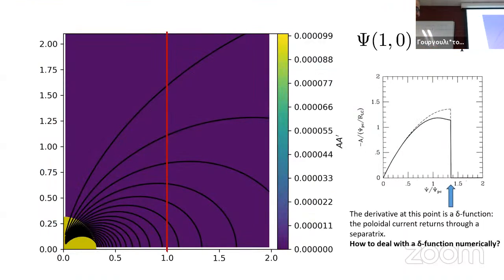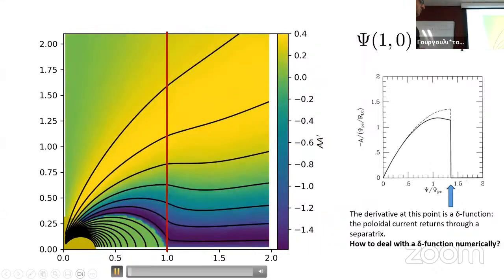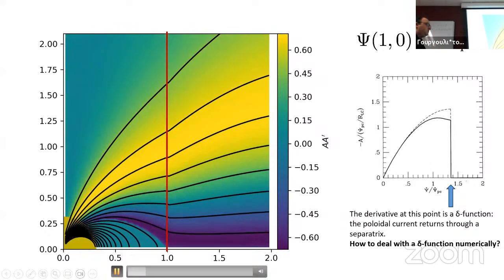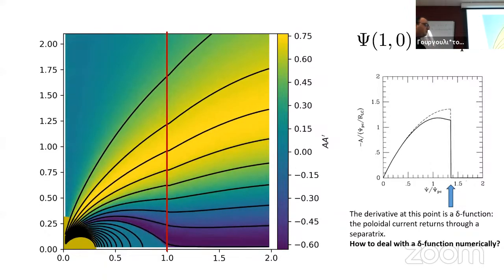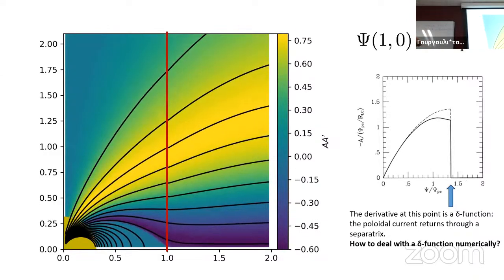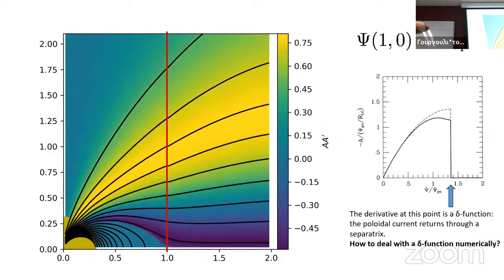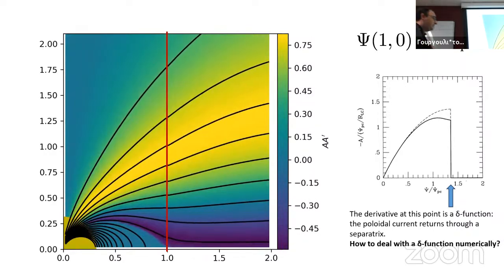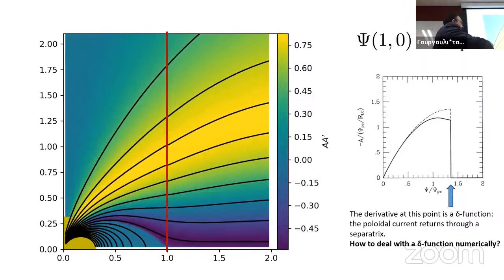So if we implement this, we start with a dipole field which puts no current in the solution, and we repeat this process. What you actually see through this method is that the system will eventually reach the pulsar solution. You see here that it takes some time for these points to be smooth. Essentially, we are solving the equation in this domain and in that domain, and we are trying to match the solutions.